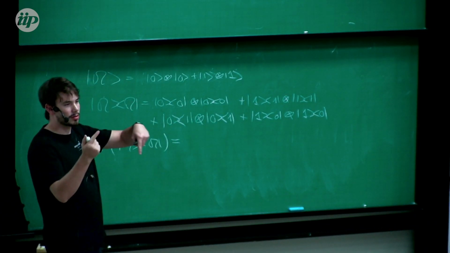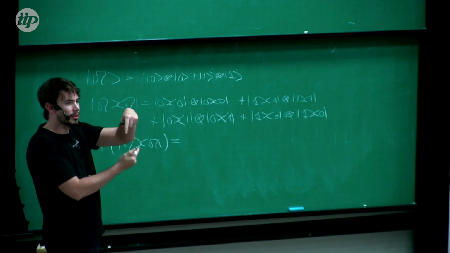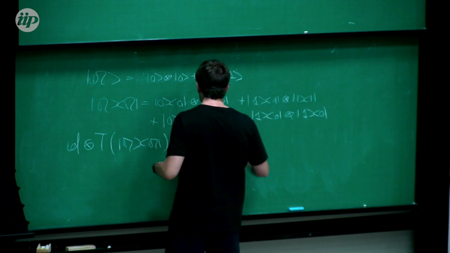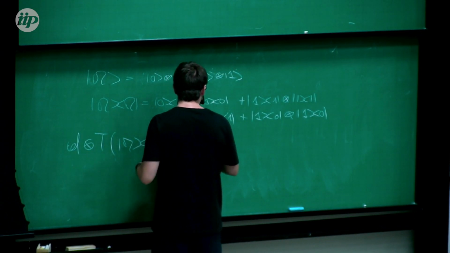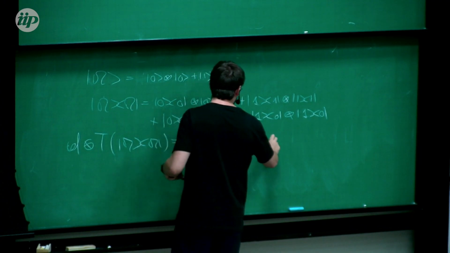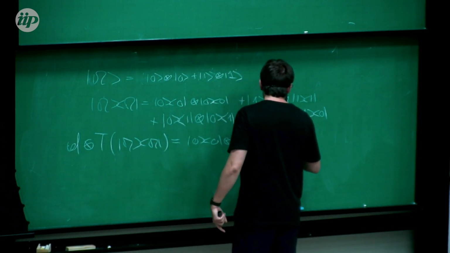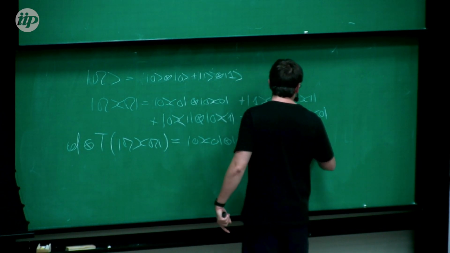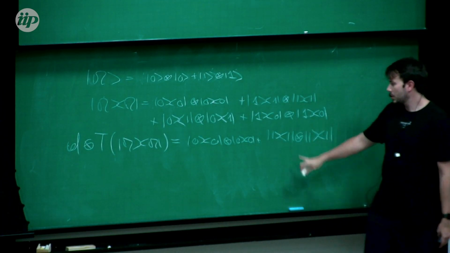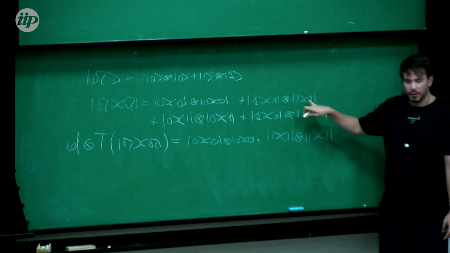This transpose is just flipping these two guys, right? So this bit remains exactly the same. So it's going to be 0 0 tensor 0 0 plus 1 1 tensor 1 1. Do you agree? Because here nothing changes if we flip.